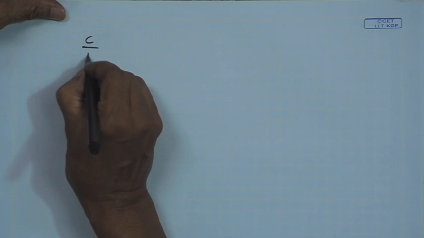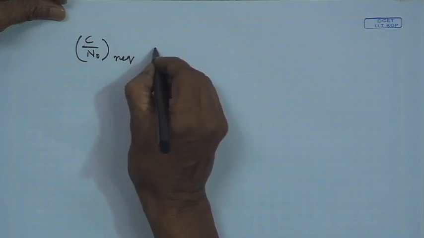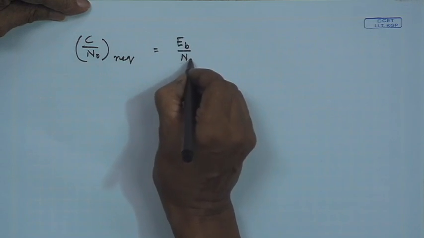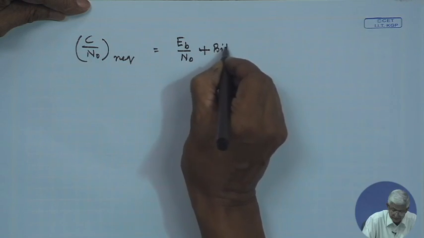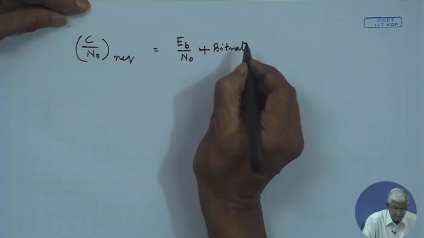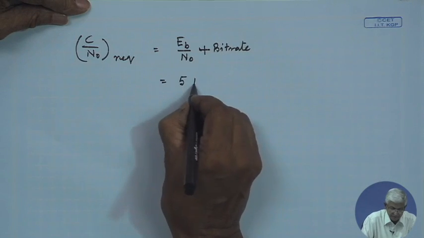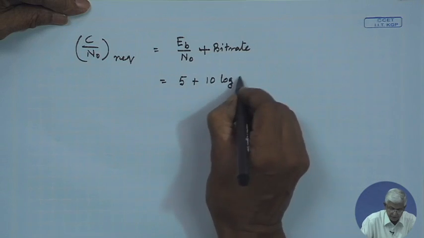and let us try to find out now C by N naught required. This can be found out from Eb by N naught required in dB and the bit rate, which Eb by N naught was given 5 and bit rate was given 8 megabits per second.